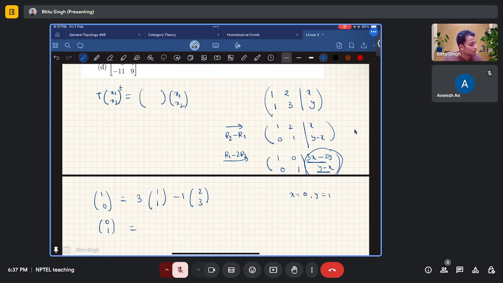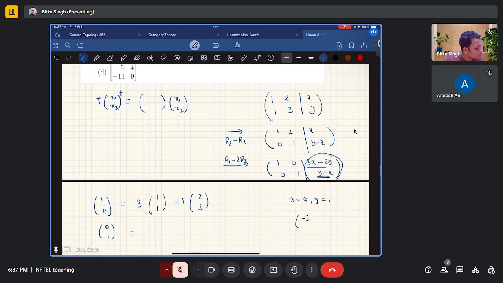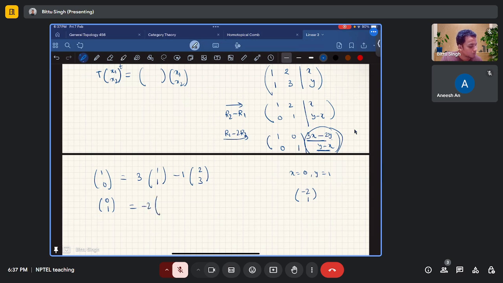Then the first coefficient becomes 3 times 0 minus 2, which is minus 2, and the second is y minus x, with x being 0 and y being 1, so this is 1. So this can be written as minus 2 times (1, 1) plus 1 times (2, 3). This minus 2 comes here, this 1 comes here, right? Okay.